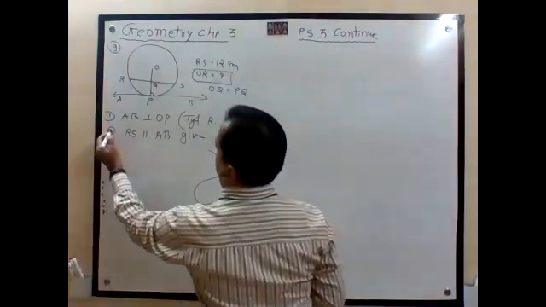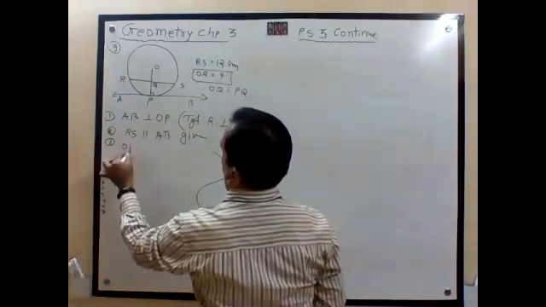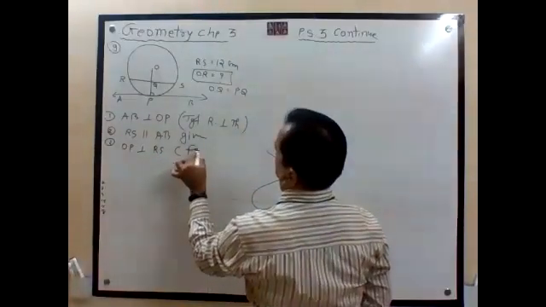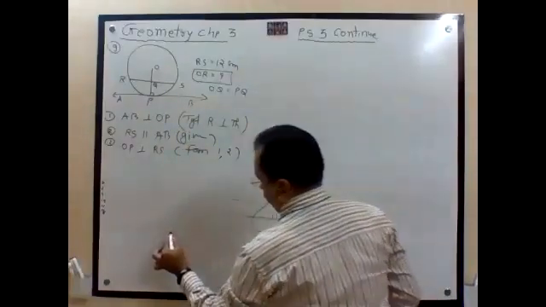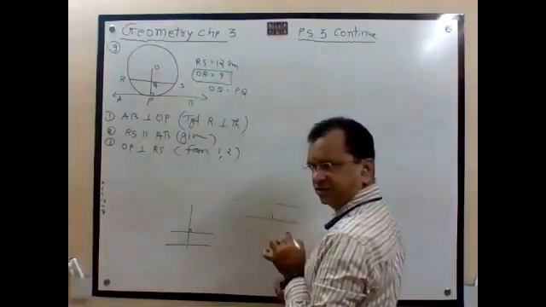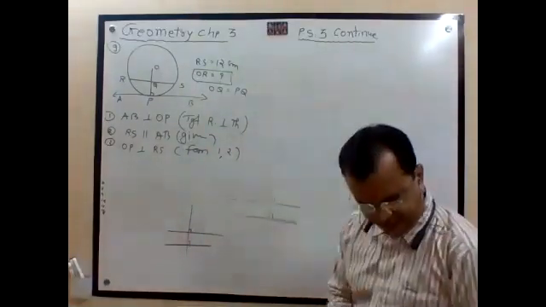So as per that, OP is perpendicular to RS. Two lines are there. This line is perpendicular to this, but both are parallel, so it is perpendicular to the next also.